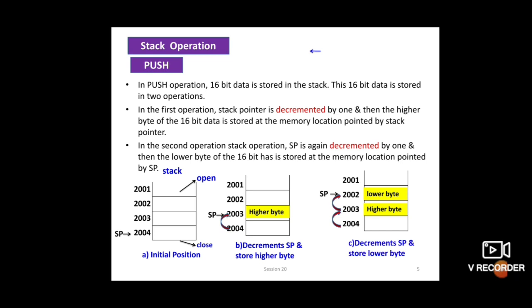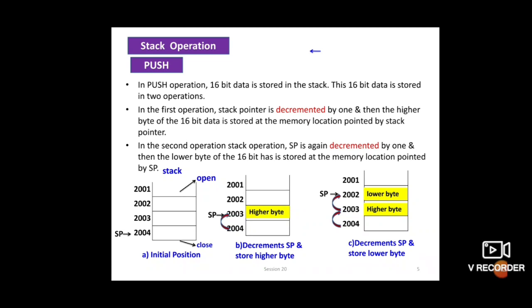Again, decrement the stack pointer and store the lower byte. Student, see, the initial position was 2004, and after storing the higher and lower byte data, the stack pointer becomes 2002. So is the stack pointer decremented or incremented? Decremented.